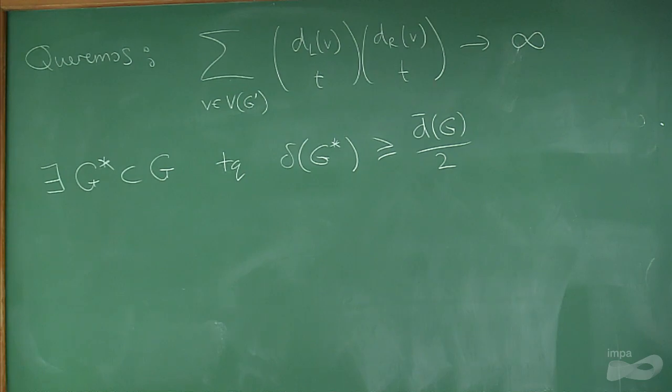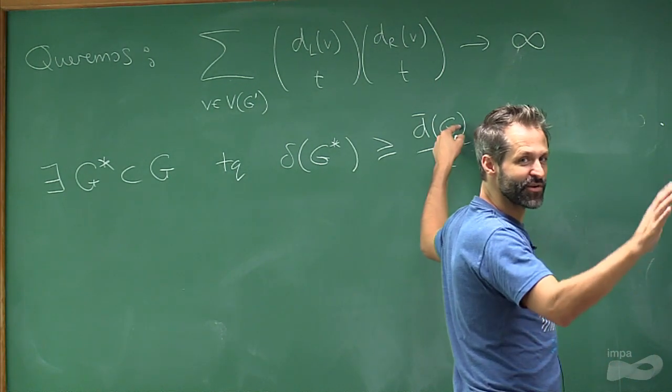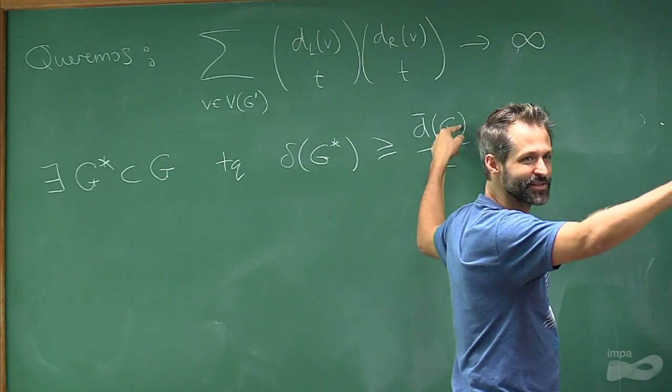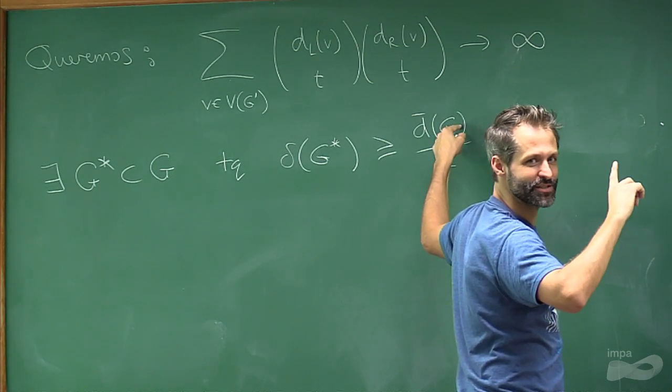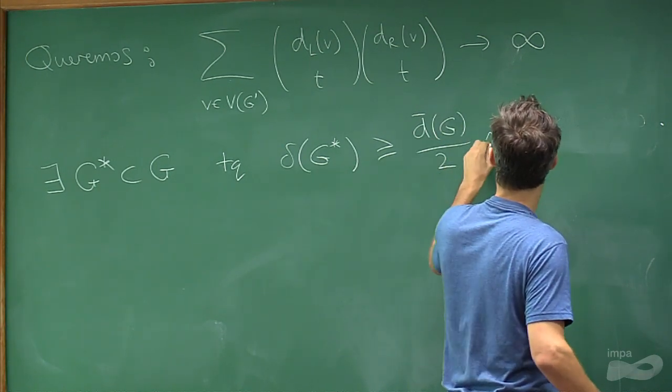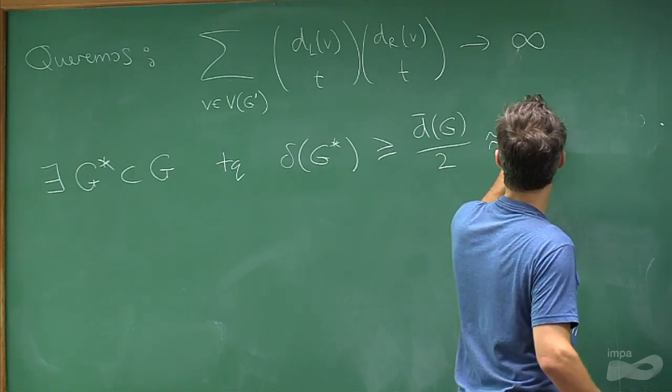Yeah, basically n over 4. Sorry, the average degree of G is roughly n over 2. The sum of the degrees is twice the number of edges. So this over 2 is roughly n over 4.